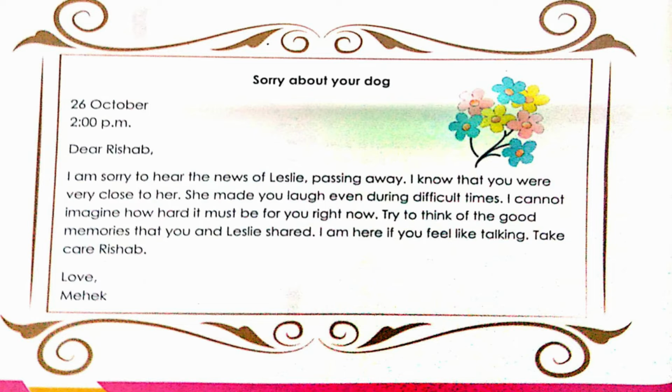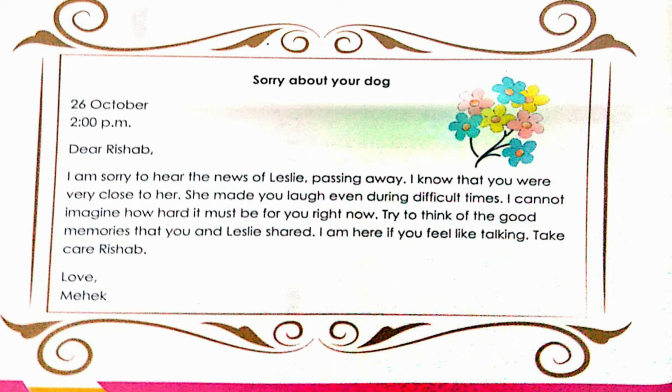I know that you were very close to her. She made you laugh even during difficult times. I cannot imagine how hard it must be for you right now. Try to think of the good memories that you and Leslie shared. I am here if you feel like talking.